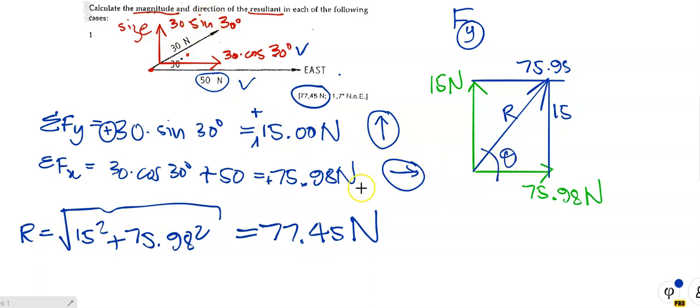I'm going to find the angle theta. How do I find the angle theta? I'm going to say the arctangent of the opposite over the adjacent.